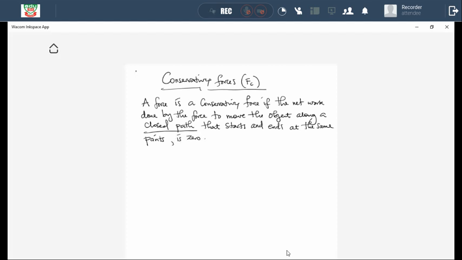So we are saying the net work done by a conservative force is zero, which means our mechanical energy has been conserved. The most common example of a conservative force that you must know is gravitational force. Take note, they love this gravitational force so much.